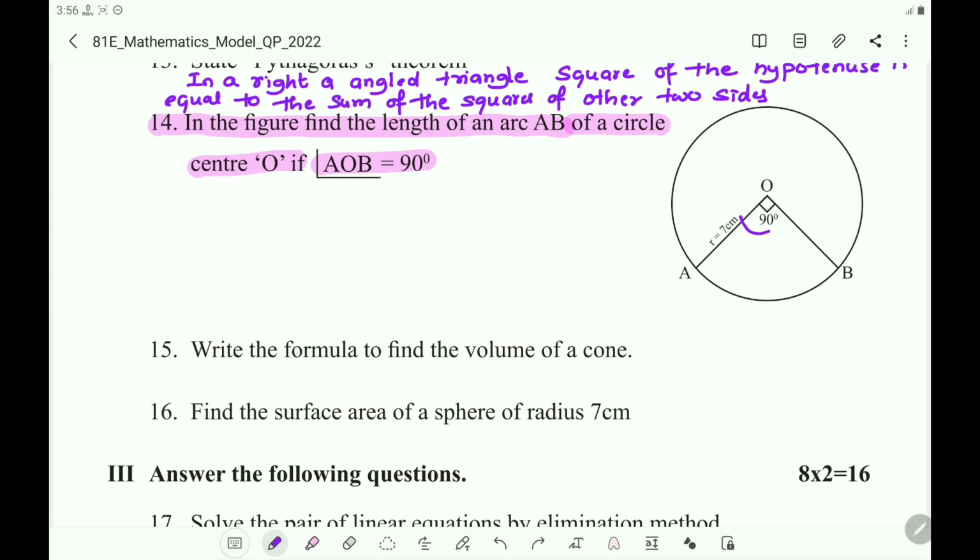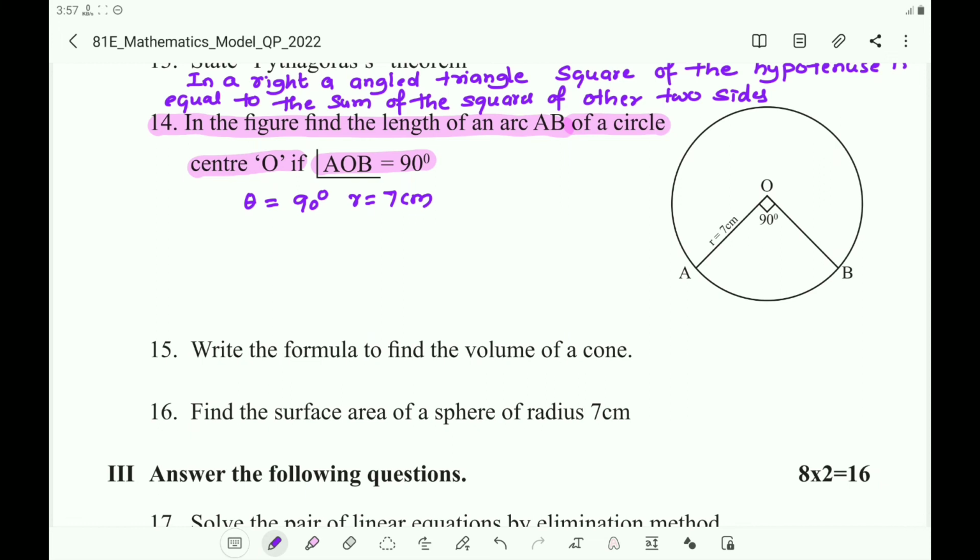The angle is 90 degrees, so take theta equals 90 degrees. And the radius is 7 centimeter. Note down the radius, r equals 7 centimeter.